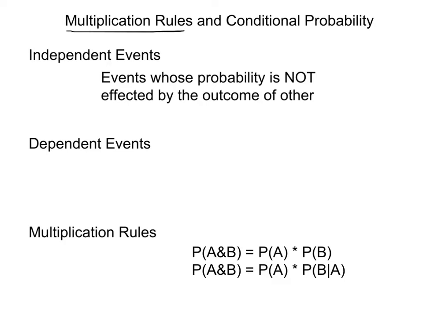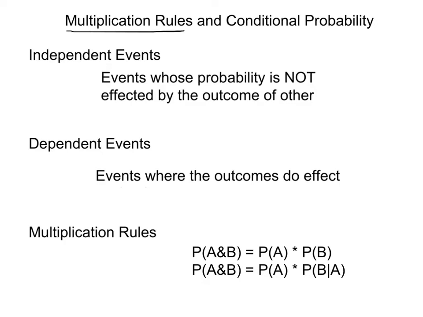Dependent events, the opposite of that. In this particular case, we're talking about events where the outcomes do affect each other. So in this particular case, we might be talking about selecting a card from a deck and then dealing another card from that deck.